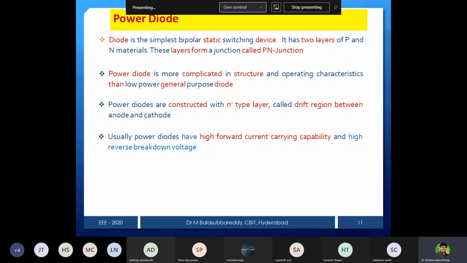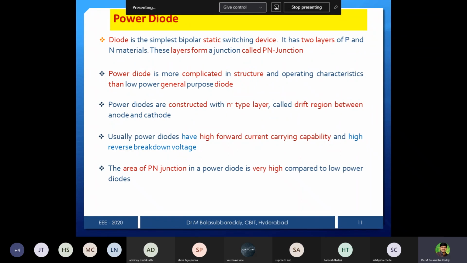So that's why we have to make the breakdown voltage high, so that we can use the devices even in high rating applications. Even if it gets a higher voltage, that voltage must be less than the reverse breakover voltage, otherwise it will turn on. So if the capability itself is more, then it can withstand those circumstances.